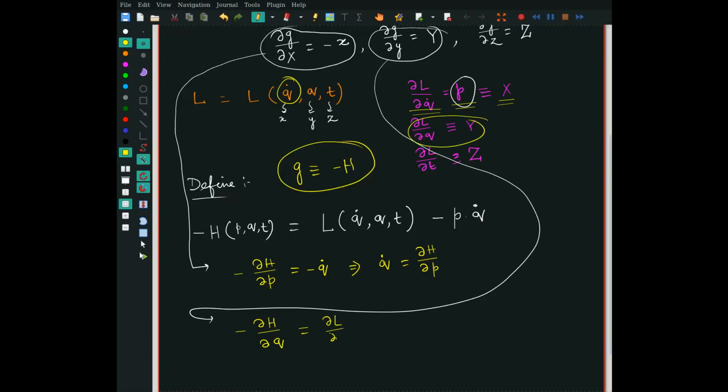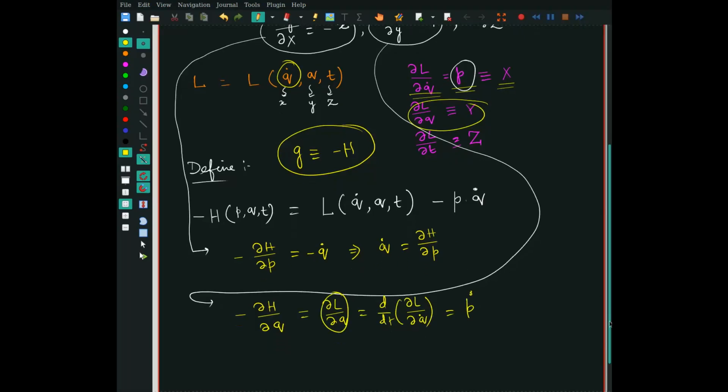Now from the Lagrange equation, you know this del L del q is basically d dt of del L del q dot. But del L del q dot is basically p, so this is dp dt, or in other words, this is my p dot. So this is my second equation: p dot equals minus del H del q.